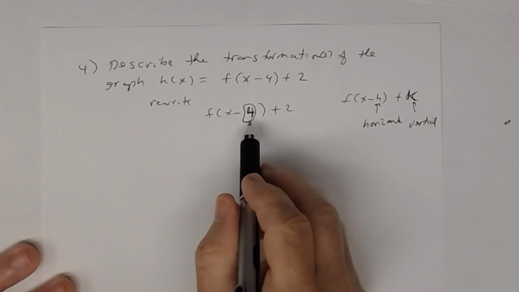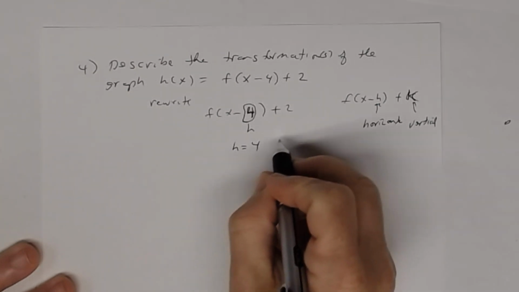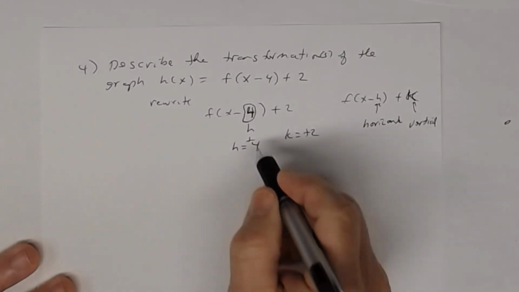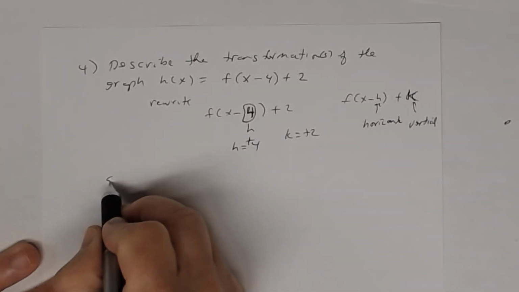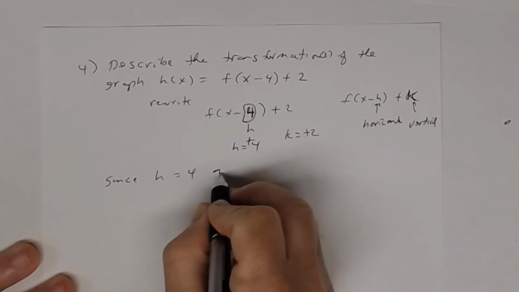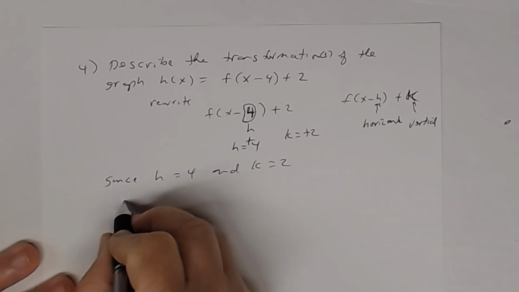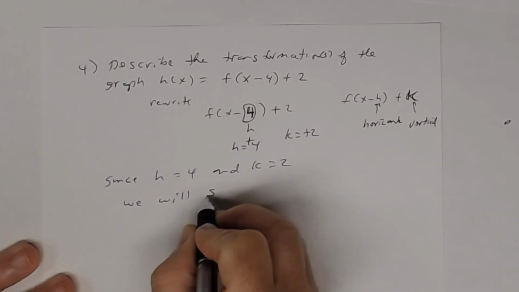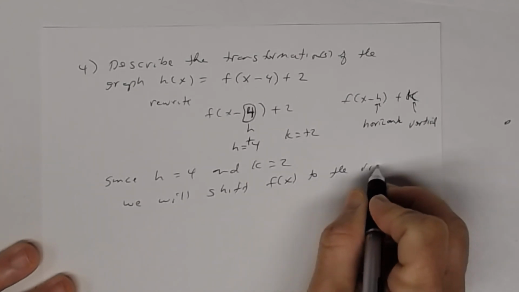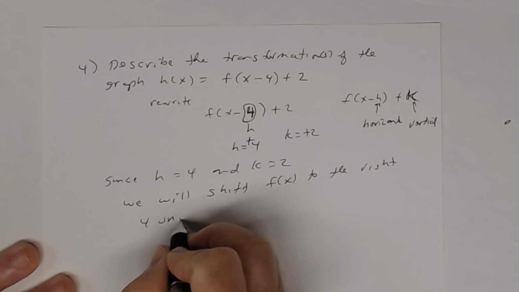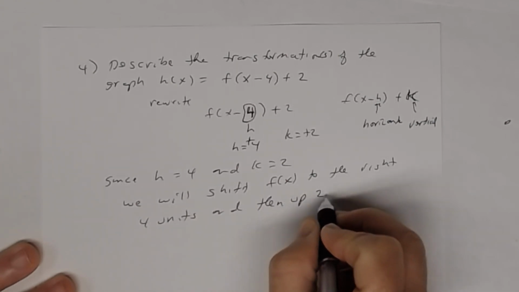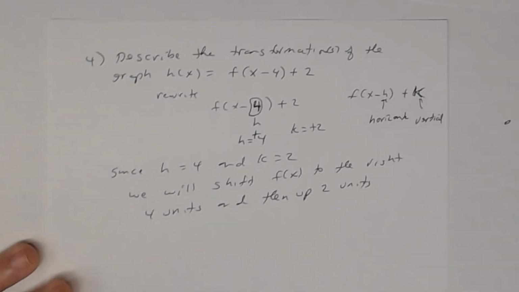All right, so h is a positive 4, and then k is a positive 2. And so since h equals 4 and k equals 2, we will shift f of x to the right 4 units and then up 2 units. Okay? So it's a very simple process.